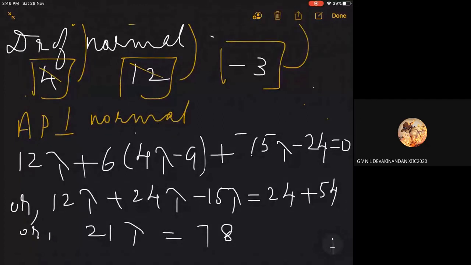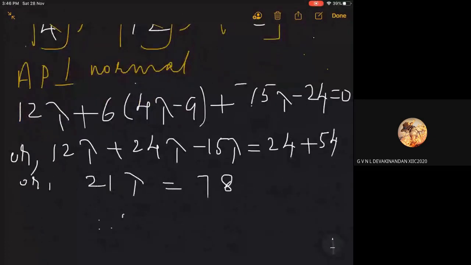So what is the value of lambda? Therefore lambda is equal to 78 by 21, which we can cancel.